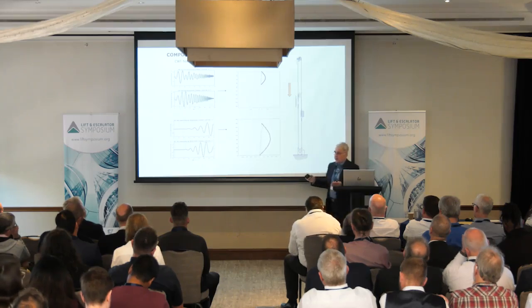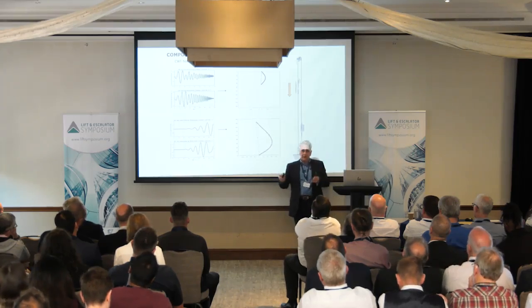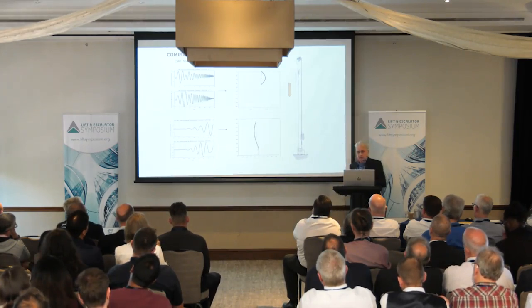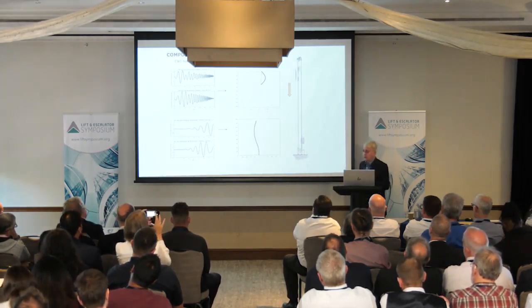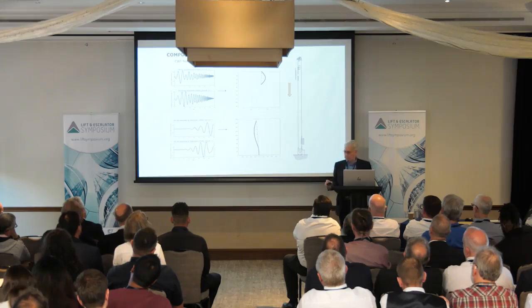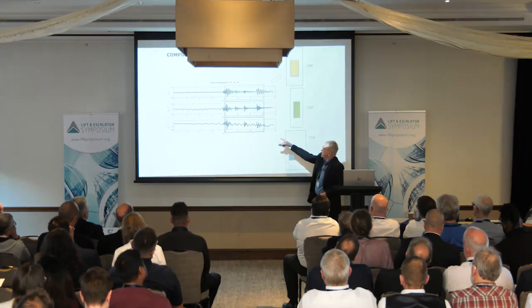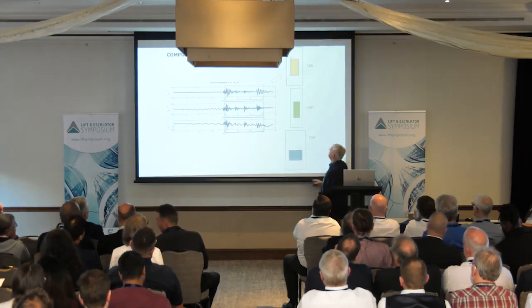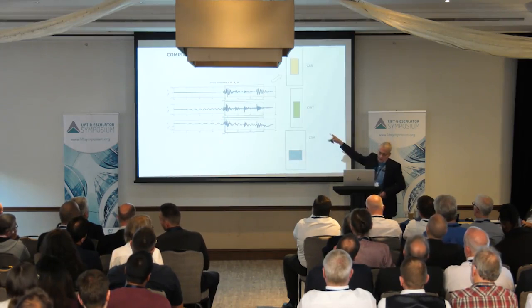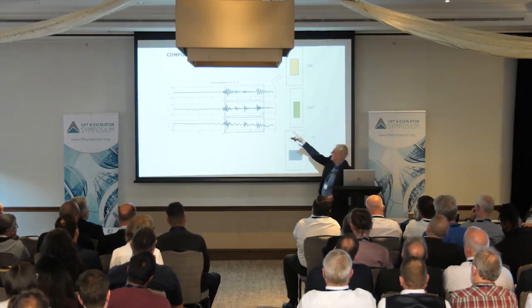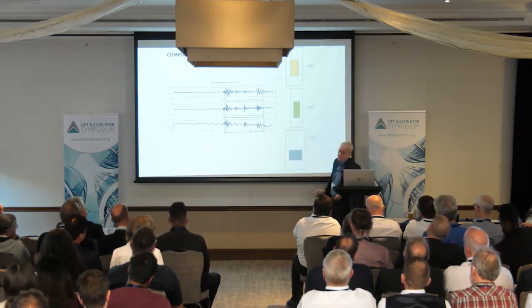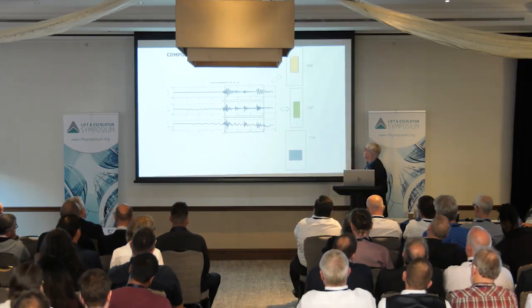So what is happening now? Those motions are coupled with the motions of the car and the counterweight. So the counterweight, the car, and also the compensating sheave are not keeping still. Here's the picture of what is happening with the vertical motions of the car and the counterweight, and here at the bottom is the motion of the compensating sheave. The car, specifically from the beginning of the mid-travel, starts to move quite a lot.